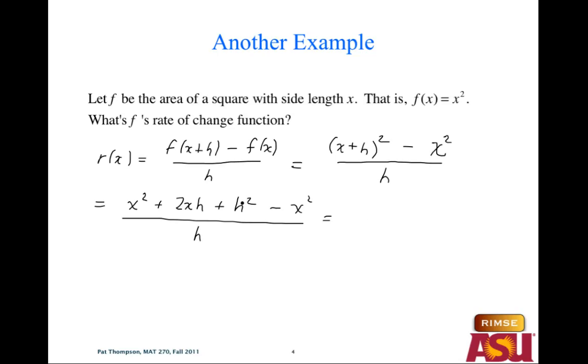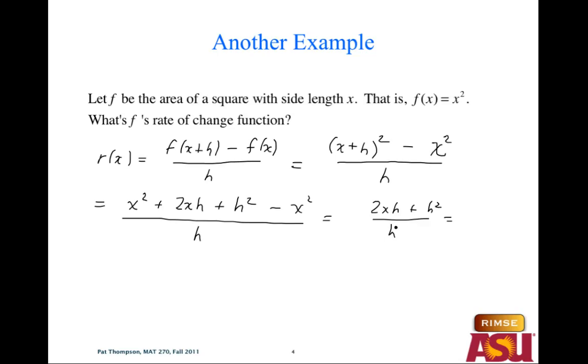So our goal is to make this simple. It's not simplified, and also it's got this h in the denominator. So we want to simplify this, try to get that h out of the denominator. So we get x squared minus x squared, it's gone. It's 0. So 2xh plus h squared over h.